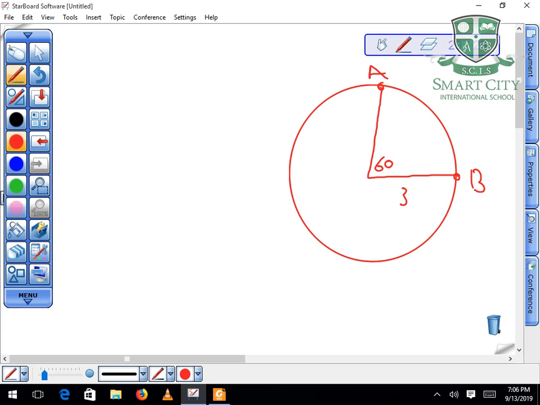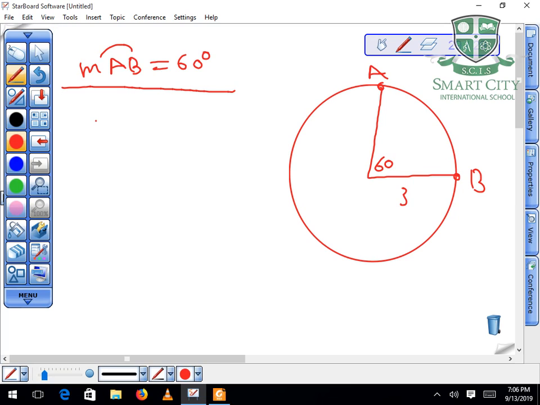Let's find the measure of arc AB. Yes, correct. It equals 60 because it is opposite to central angle 60. So the measure of minor arc AB equals 60 degrees. What's the length of arc AB? It is proportional to the opposite central angle over the whole 360.